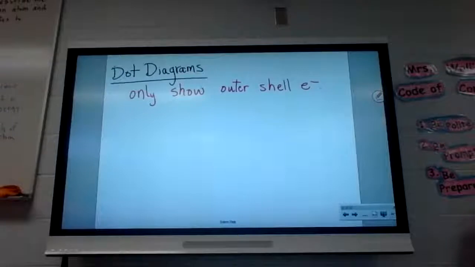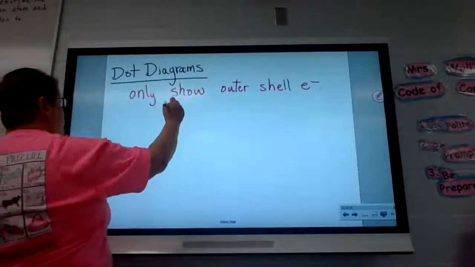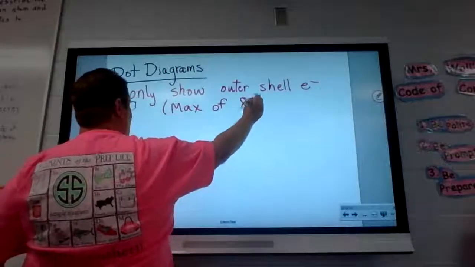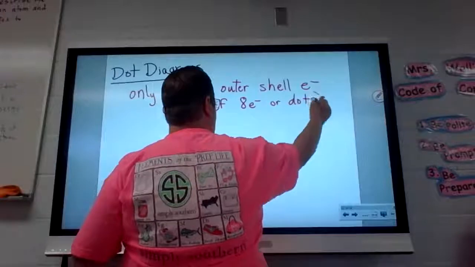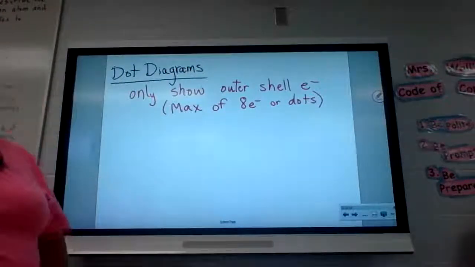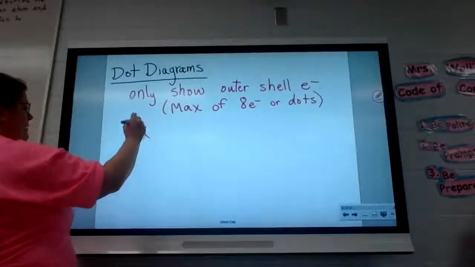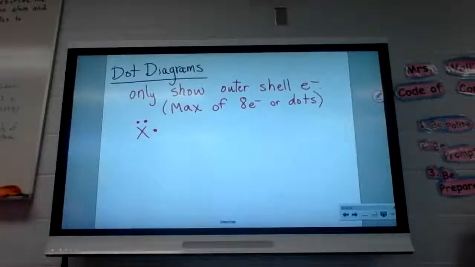Dot diagrams only show outer shell electrons. These will show a maximum of 8 electrons, or dots. So if you had element X, you might see something like that. That will be a dot diagram. It'll have an element symbol and some dots around it.